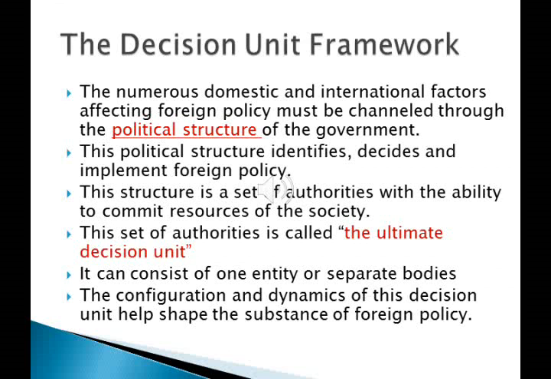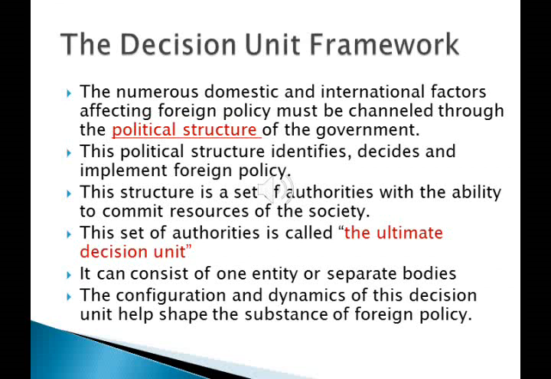The configuration and the dynamics will help us understand how the foreign policy is being made, why this particular foreign policy decision was chosen, by analyzing, as I said, the configuration, who is in it, what does it consist of, one entity or separate bodies, and also the dynamics of reaching the decision, how they consult with each other. We will talk about this later in more detail.